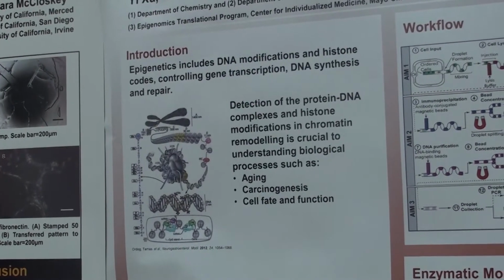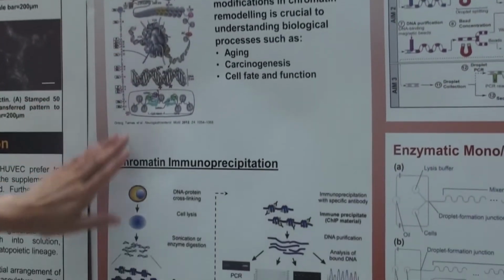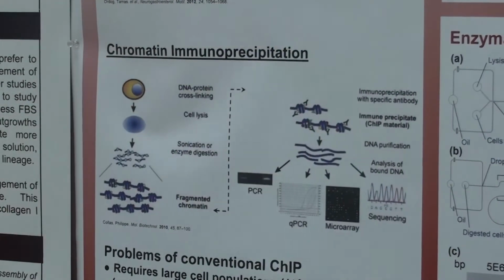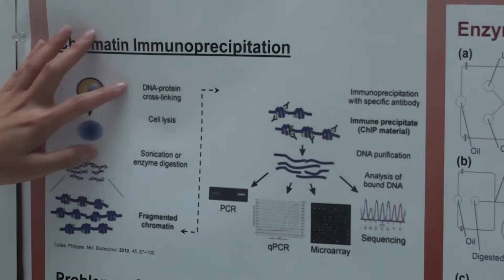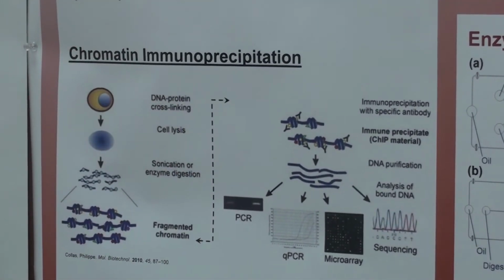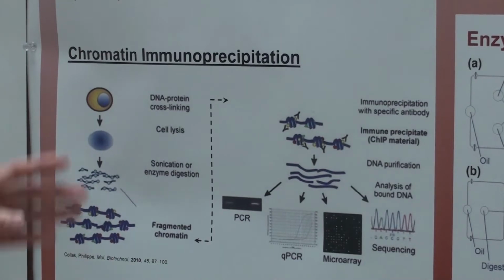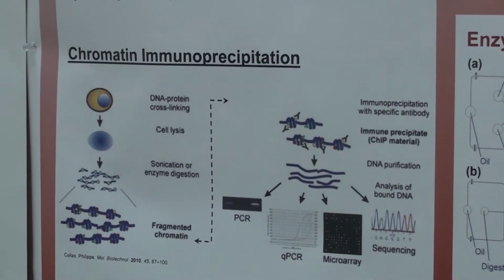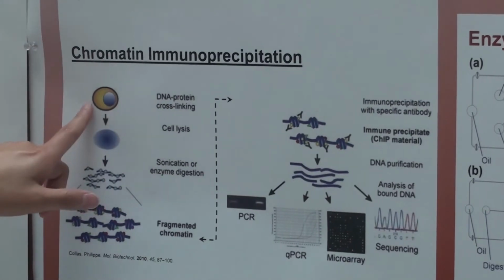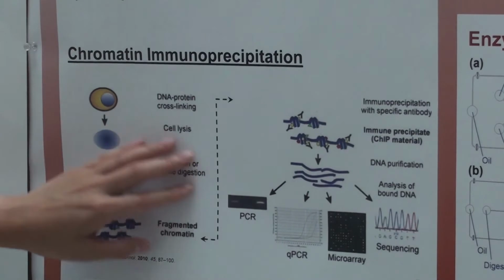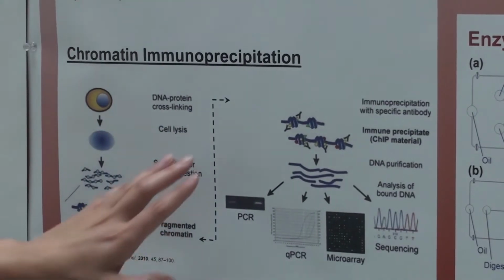Traditionally, this is done by a technique called chromatin immunoprecipitation, or ChIP. We first cross-link your DNA to the histone protein wrapping around your DNA to make sure that both of them are still a group, even if I do a lot of things to the cell. Then we lyse your cell, sonicate it, and now you get your fragmented chromatin.